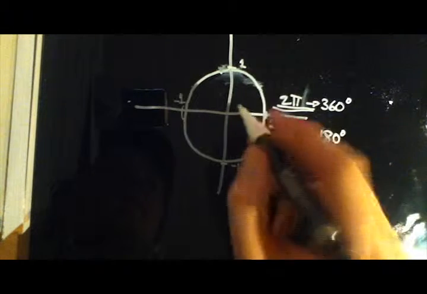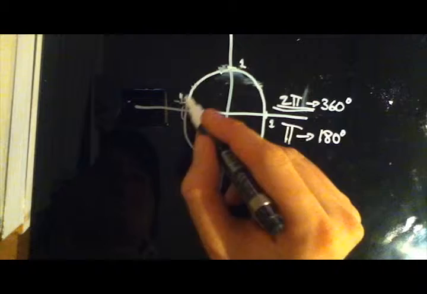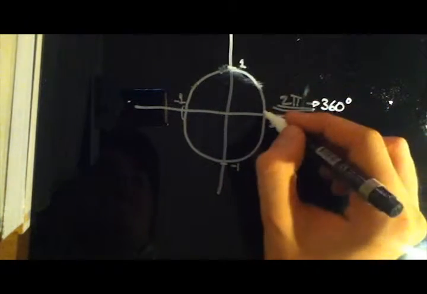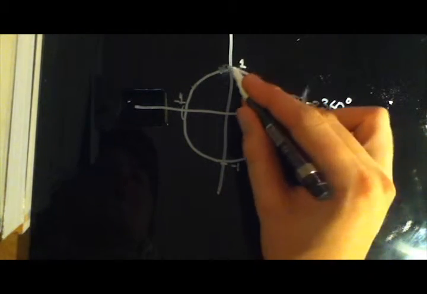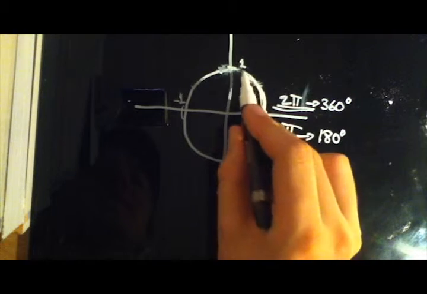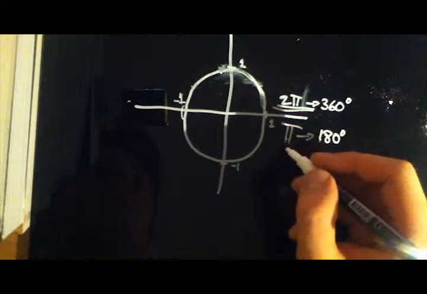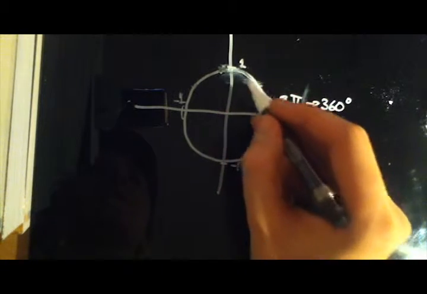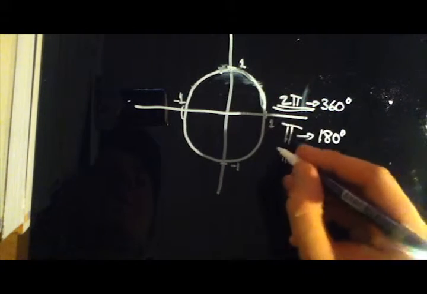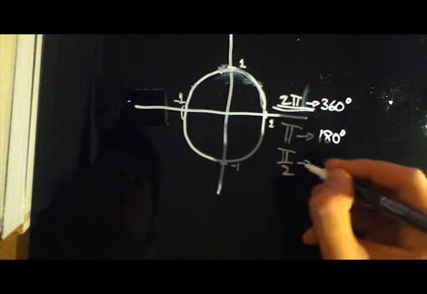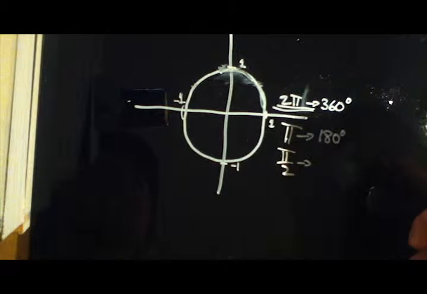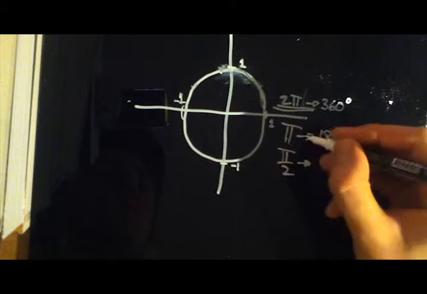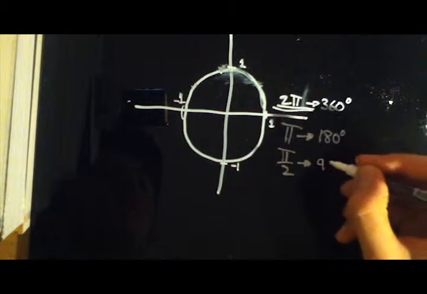Alright, well then if this half circle is pi, what is 90 degrees? What is this, you may ask? Well, we divide it by 2. If this half is pi, then this is pi over 2. Just divide it by 2. Pi over 2 is 90 degrees.